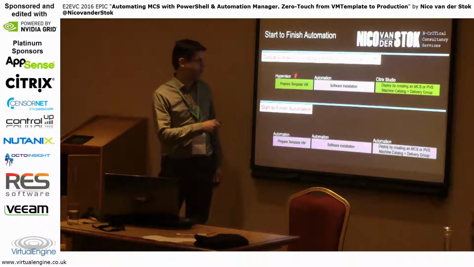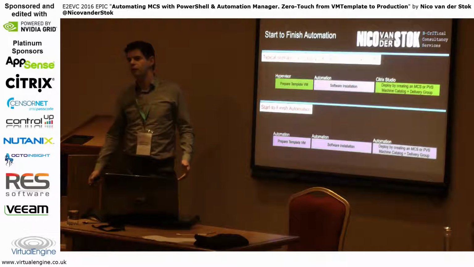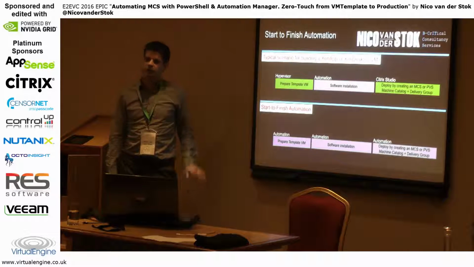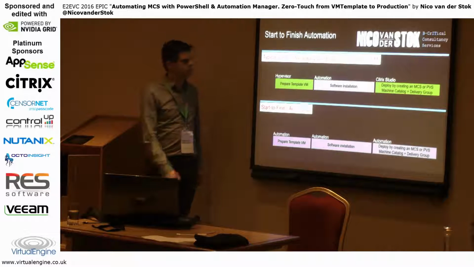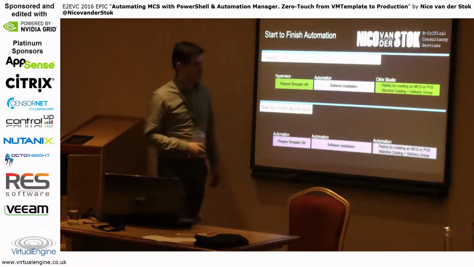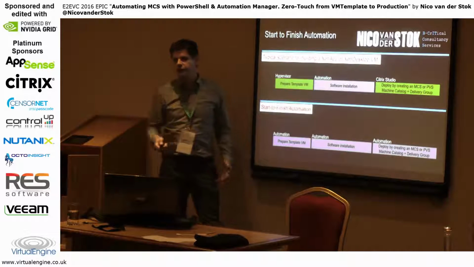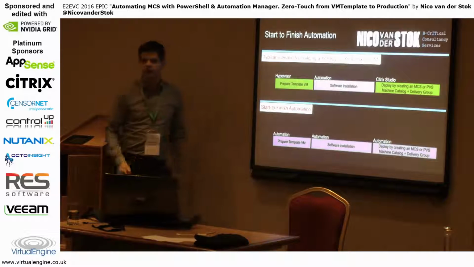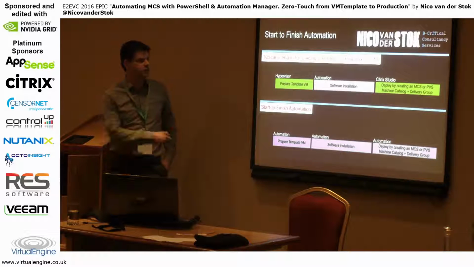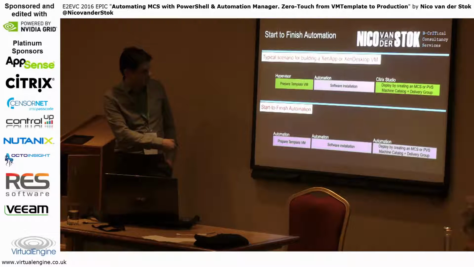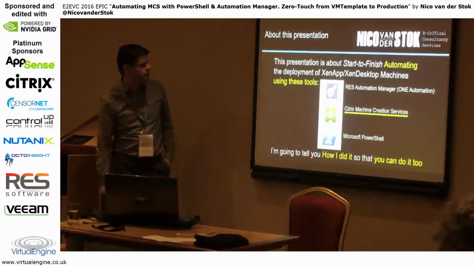Before you can do that, you usually need to power on a virtual machine or prepare a template. In this case, that part will also be automated. And after the installation is finished and the image is sealed, we need to deploy it, so we need to create the machines based on the image. So start to finish automation means automating all of this.